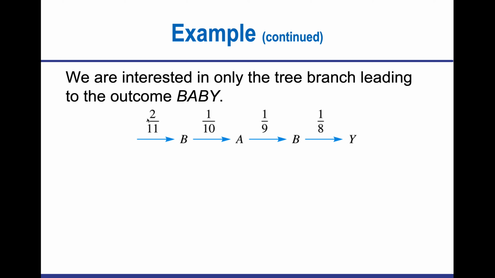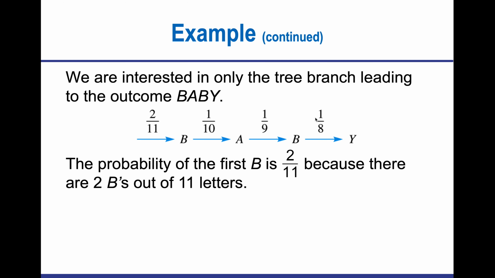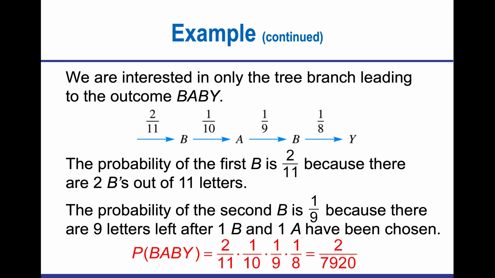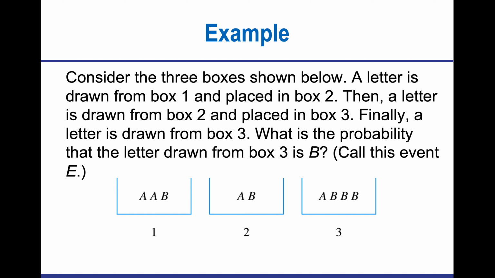But because I already drew a B, there's only one B left, so 1 over 8. I would multiply each of those probabilities to get 2 over 7920, which should be a pretty small percentage. That makes sense because the probability of coming out with that exact word in that order is going to be pretty low.